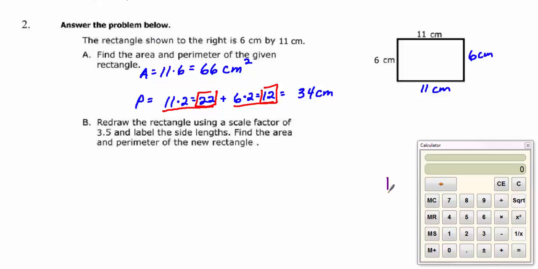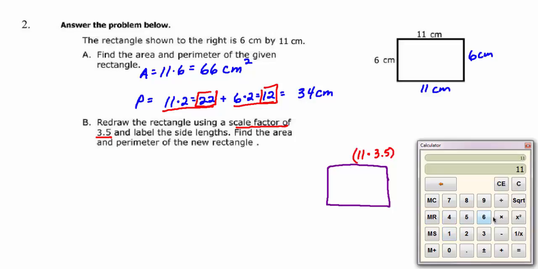All right, now we're ready to do the bottom. Step 1, draw that figure. It doesn't have to be perfect, not a drawing class. Step 2, identify the scale factor. Here we go, scale factor of 3 1/2. So I'm going to have 11 times 3 1/2. That's the great thing about these 2-line calculators.